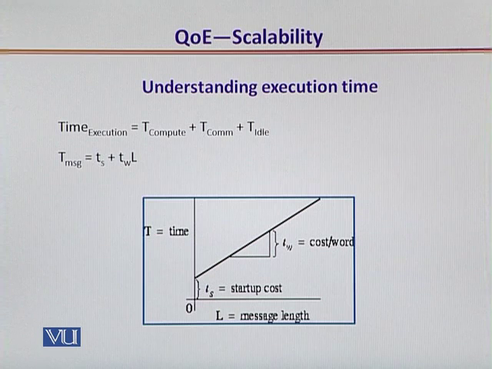When it is multiplied with the total data which is to be sent, and then it is added to the bootstrap time, this gives us the total time it takes to send out a message. Now, the expression above is the execution time, and the expression below is the time to send a message.